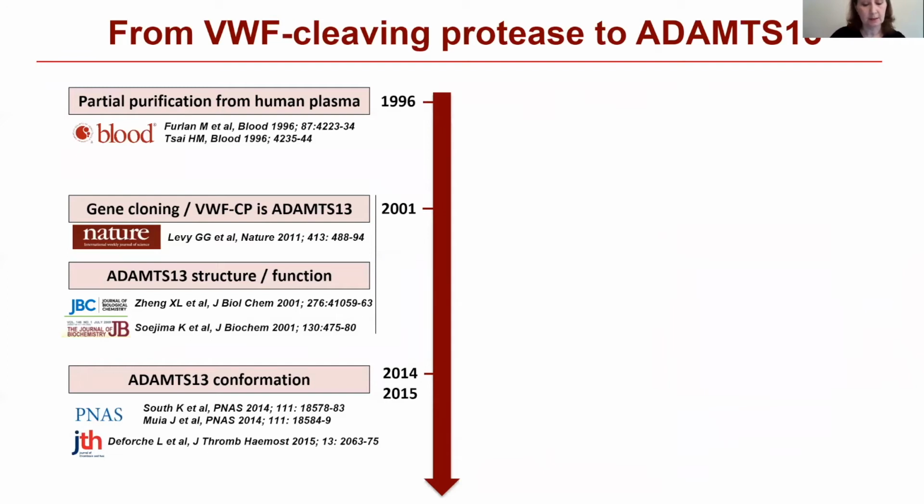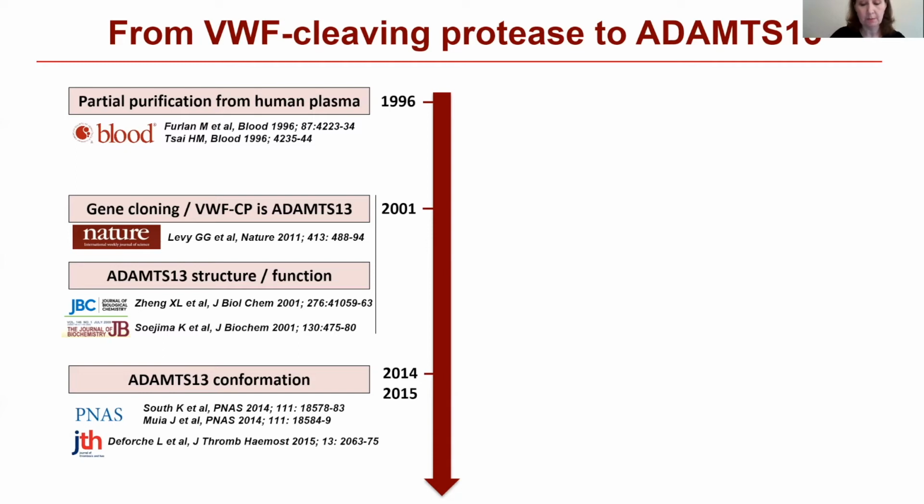Since 1996, when von Willebrand factor cleaving protease was first purified from plasma, several crucial steps have been crossed. In 2001, its gene cloning and structure characterization allowed its identification as the 13th member of the ADAMTS family, which means a disintegrin and metalloprotease with thrombospondin type 1 repeats.